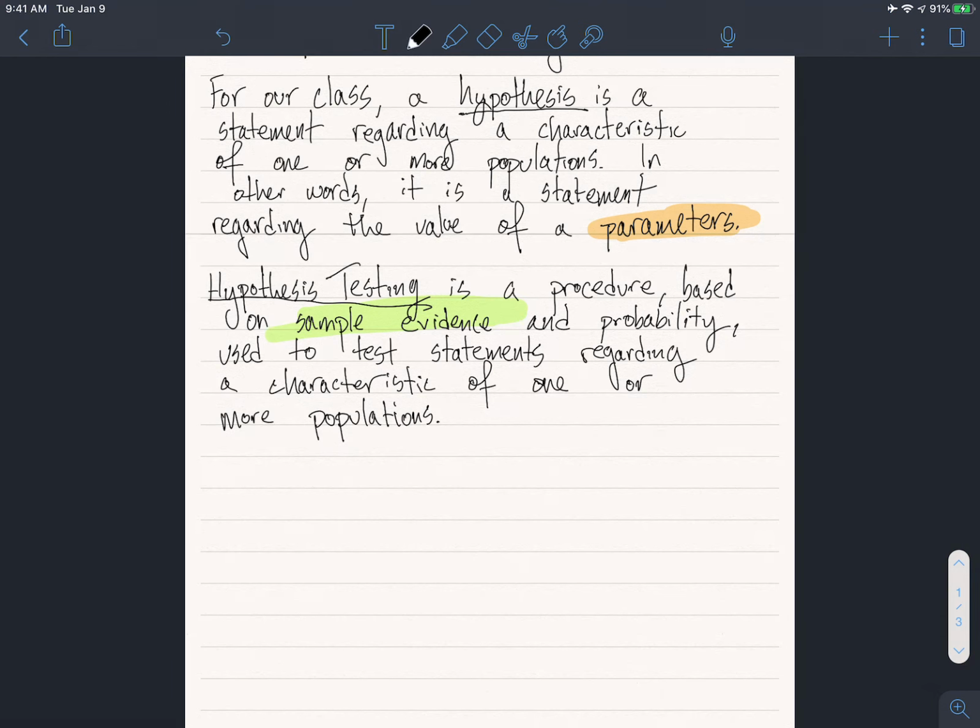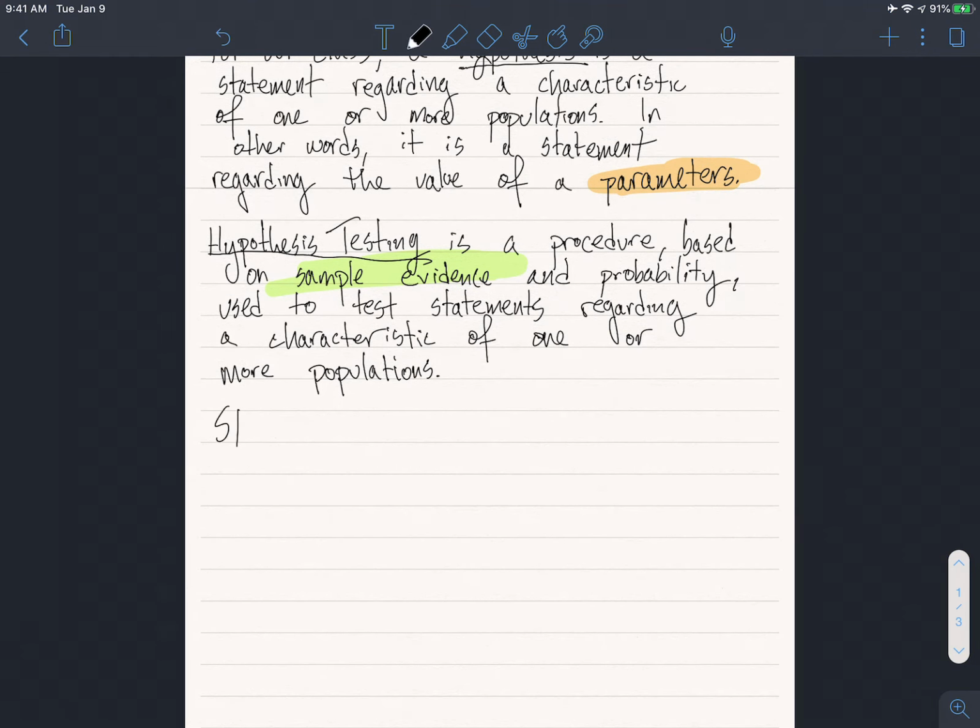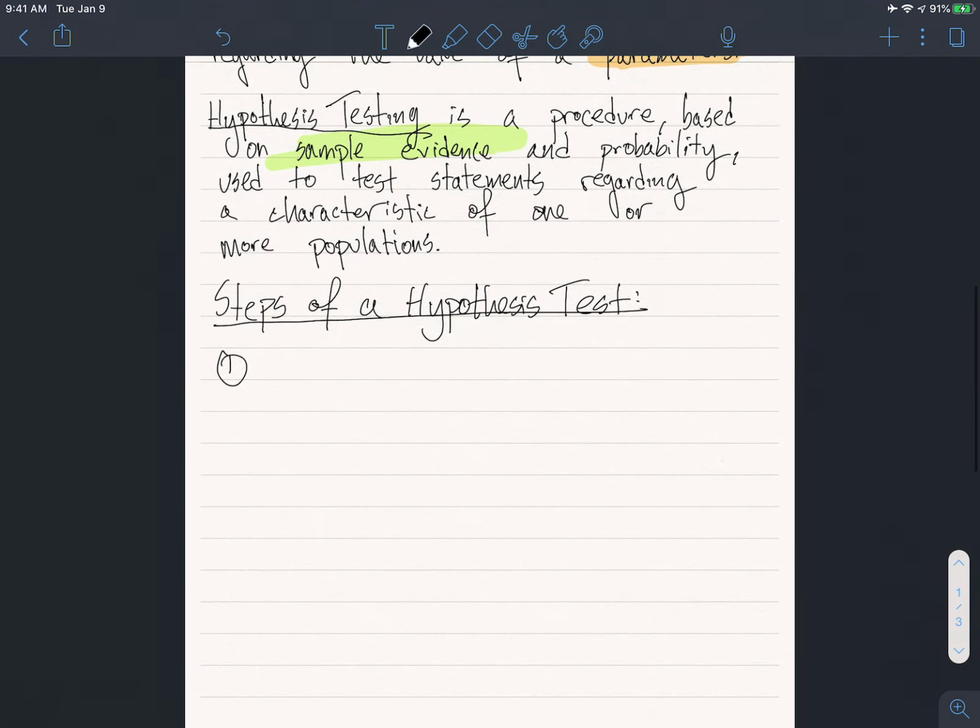Keeping that in mind, let's give some bare bones steps of a hypothesis test. This is not a particular example, but the steps of hypothesis testing. The first thing we're going to do is make a statement about the value of a parameter.